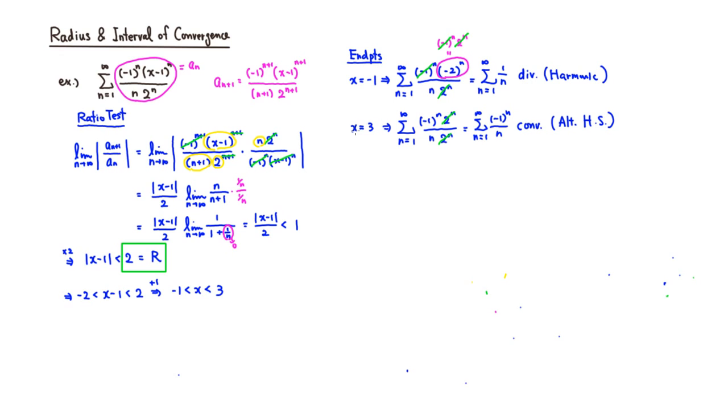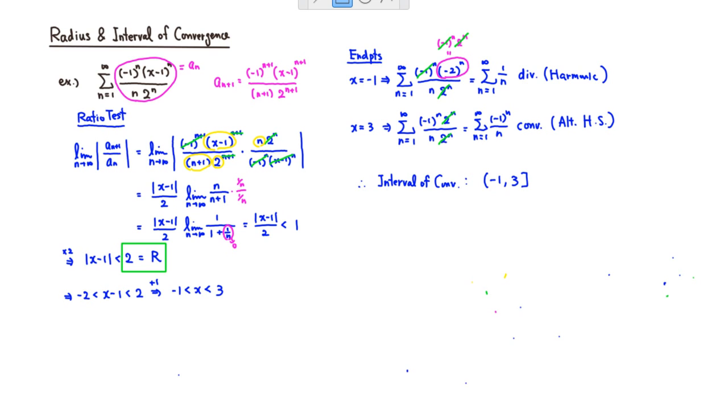Therefore, if you're looking for the interval of convergence, as we said, negative 1 is not included, so I'm going to use a negative 1 with the left parenthesis to indicate that we're excluding negative 1, and the 3 is included because you get convergence at x equals 3, so we put the square bracket to indicate that it's included.